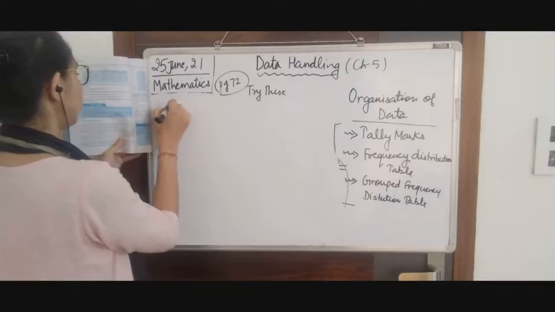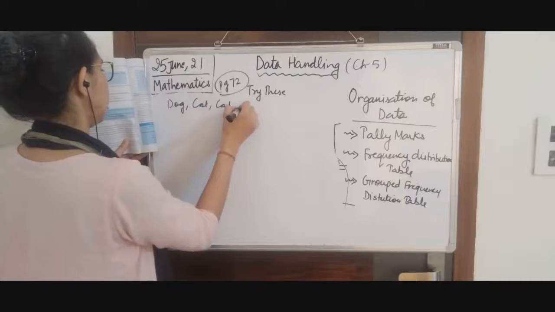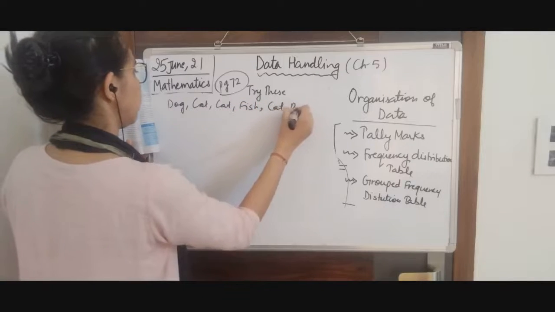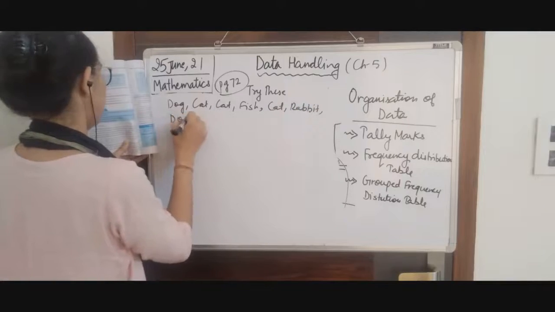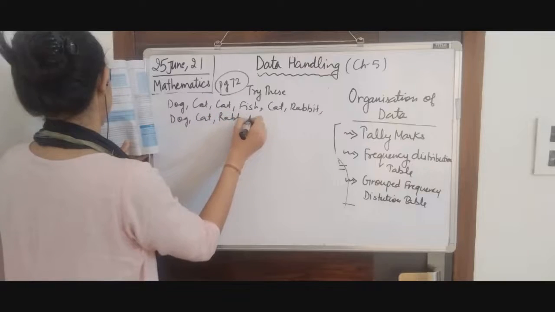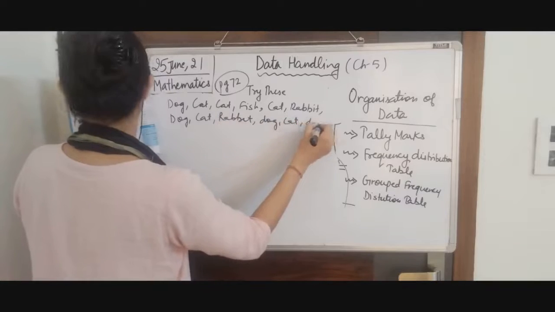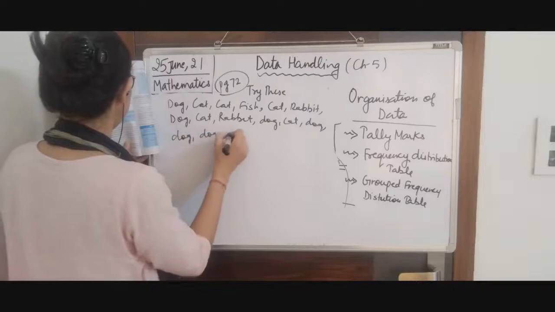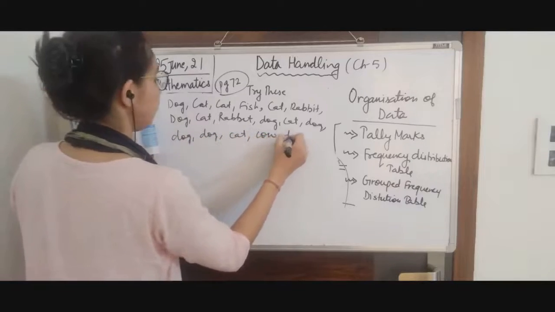So they have dog, cat, fish, cat, rabbit, then again dog, cat, rabbit, dog, cat, dog, again dog, cat, cow, fish, rabbit.